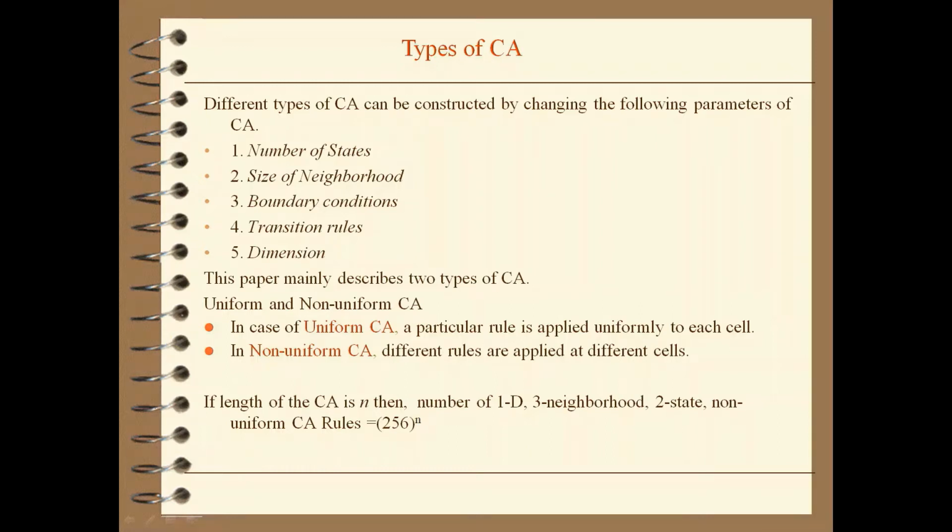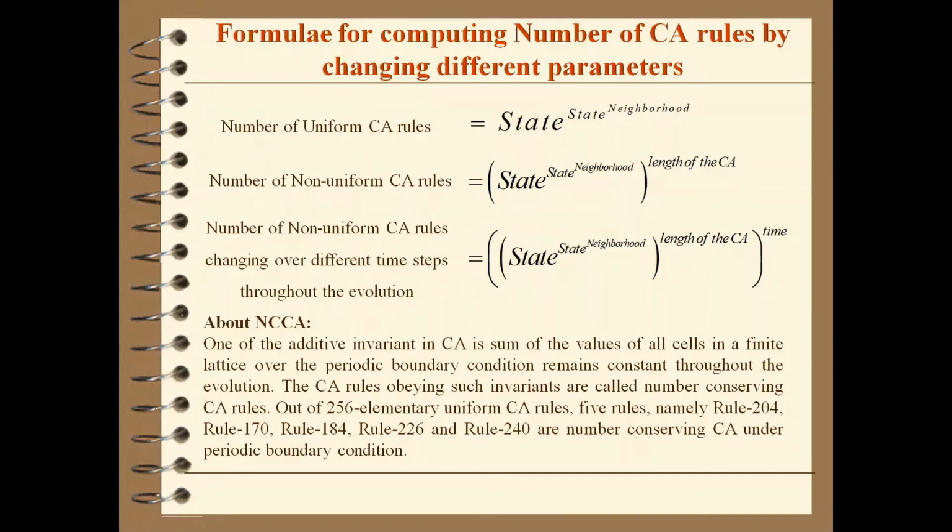Cardinality of such CA is also given. The number of uniform CA rules will be state to the power neighborhood. Similarly, the number of non-uniform CA rules is state to the power neighborhood to the power length of CA. And the last type of CA, non-uniform CA rule varying over time, its number will be state to the power neighborhood to the power length of CA to the power time.